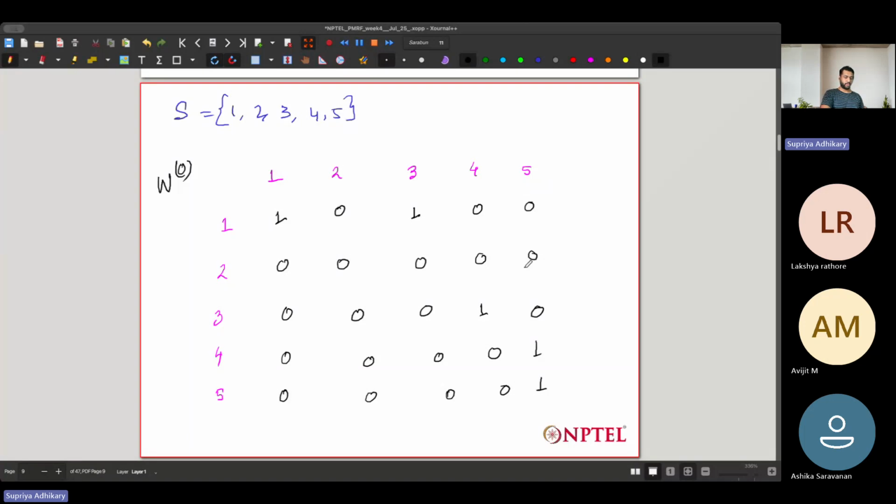Now, what we have to do is that at each step, we just have to update this matrix. And how does the update work?